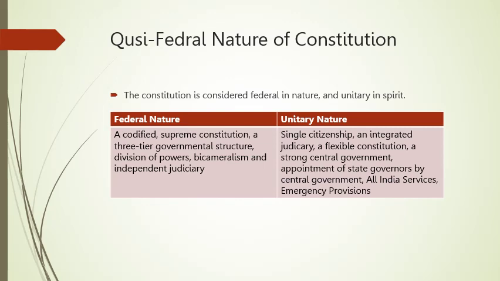And there is single citizenship. These features made the Indian Constitution unitary, especially the strong central government, which has the power to appoint the state governors. They indirectly make the state governments subordinate to the central government. This is the feature of a unitary constitution.